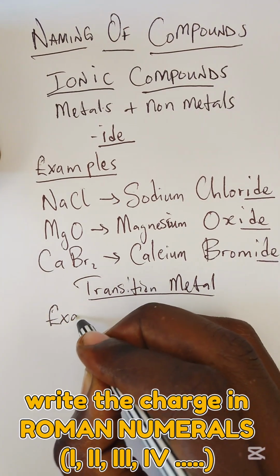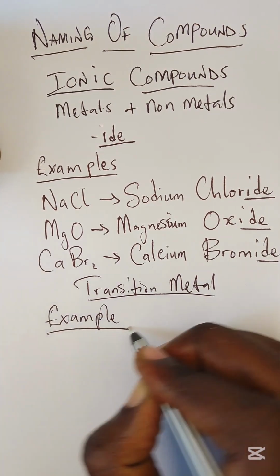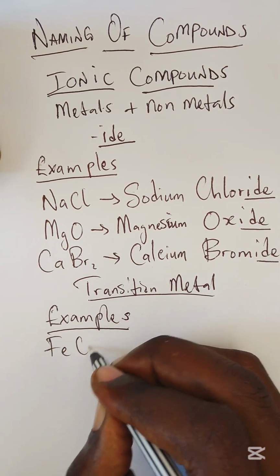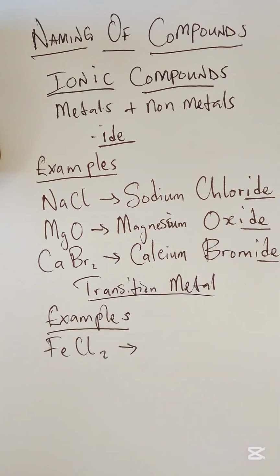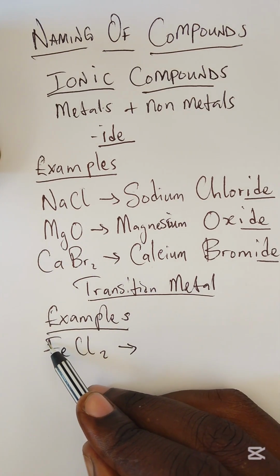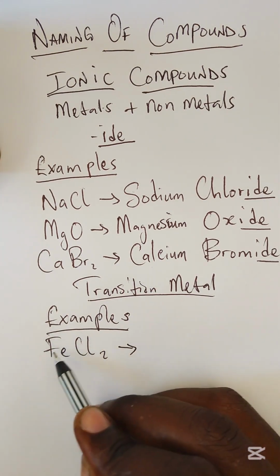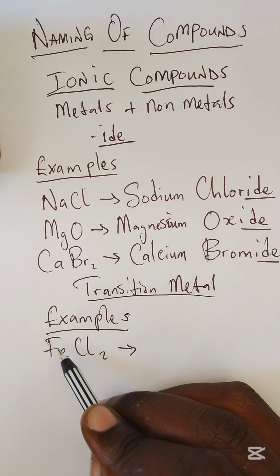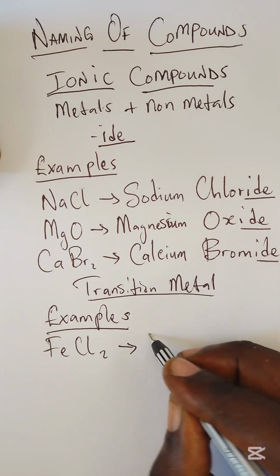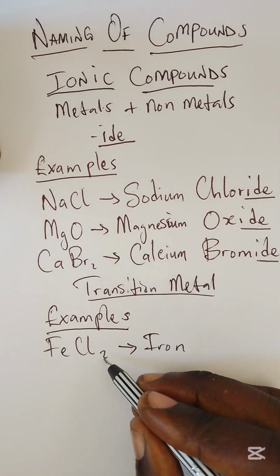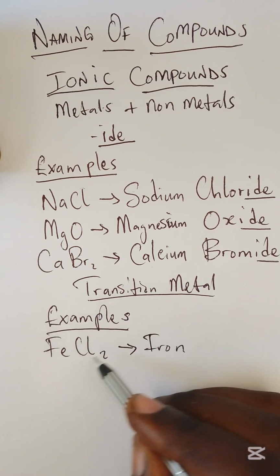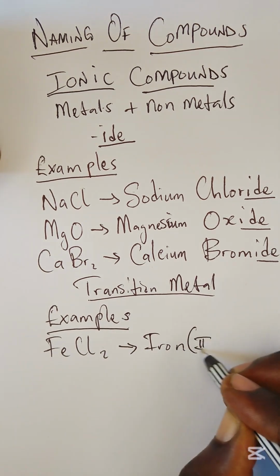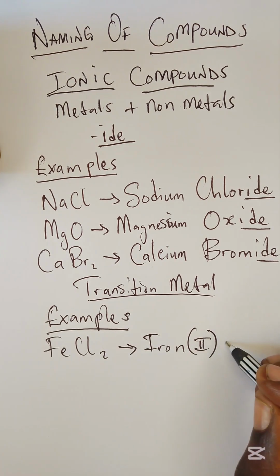For example, the first one is a metal, but it's a transition metal. It has got multiple charges. It can be 2, it can be 3, it can be 4, and so on. So we say iron, and the charge coming from iron is 2. So we say in Roman numerals 2, and then chloride.